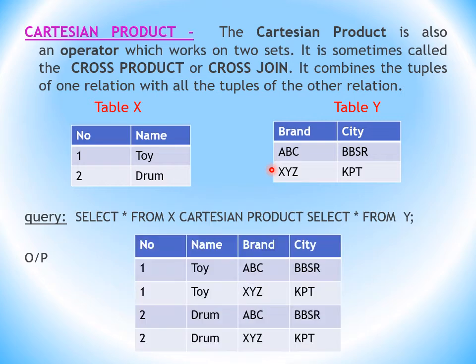So output will be toy with ABC, toy with XYZ, drum with ABC, drum with XYZ. So in Cartesian product, each element of the first table will combine with every element of the second table.